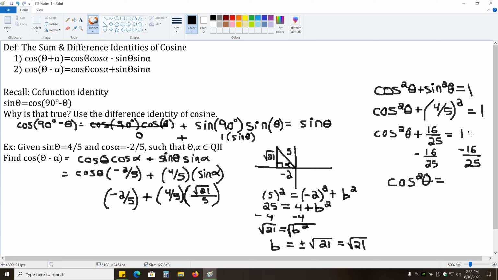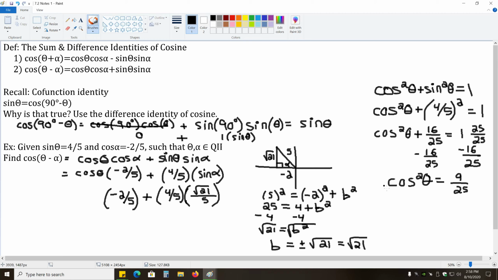Well, 1 is the same thing as 25/25. Remember, 1 is anything divided by itself. So 25/25 minus 16/25 gives us 9/25.